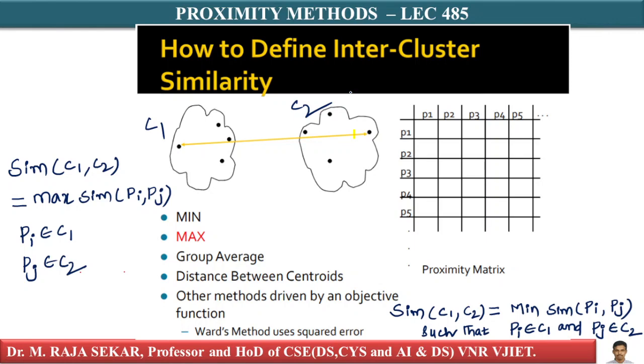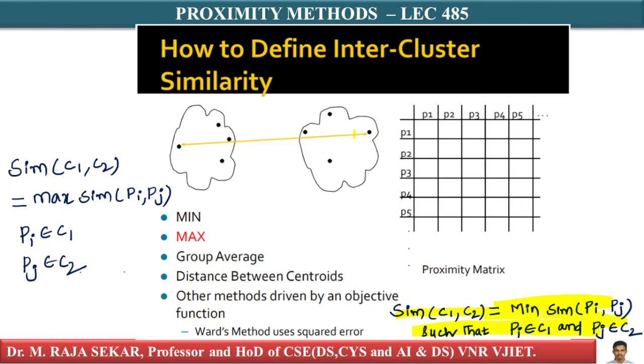So mathematically, in the min approach, the similarity is the min of the similarity of Pi, Pj, such that Pi belongs to C1, Pj belongs to C2.